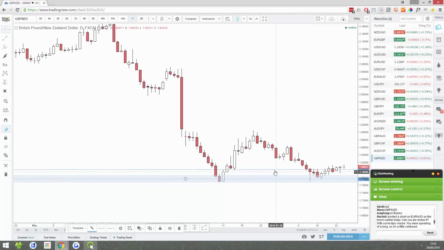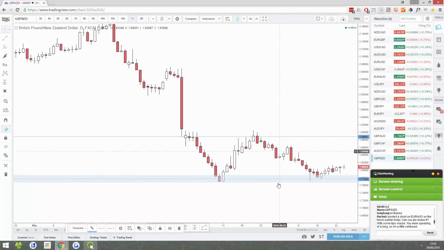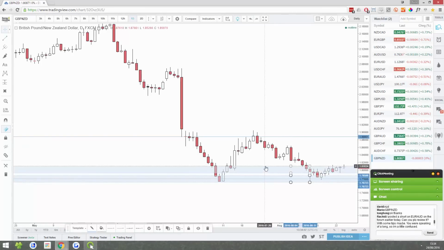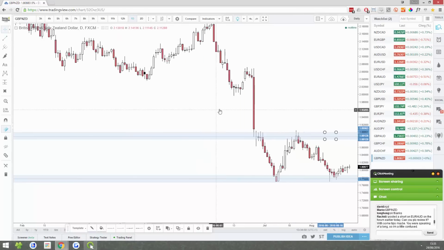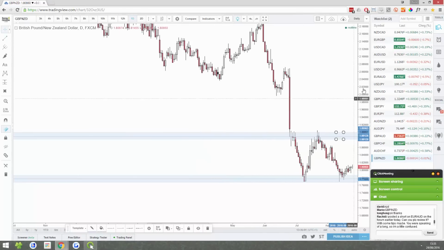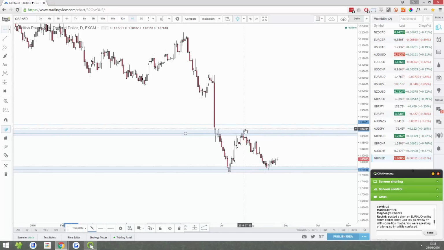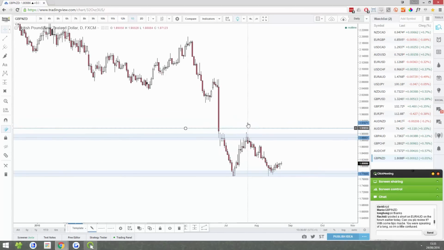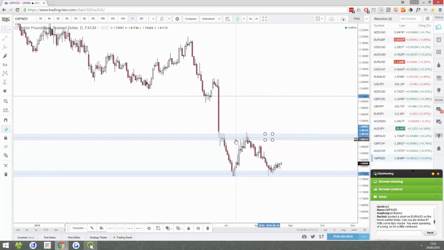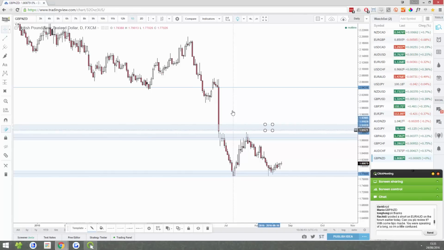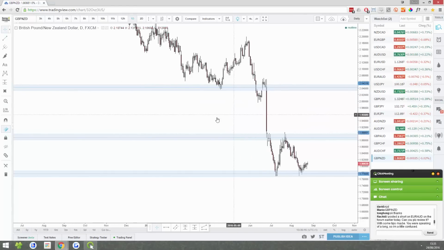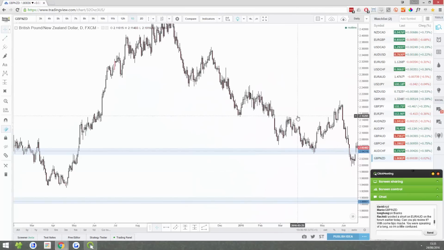Alright, I'm just getting some rough support resistance areas here, just so we have something to work with. Looks like a pretty solid area. Something like that might work.